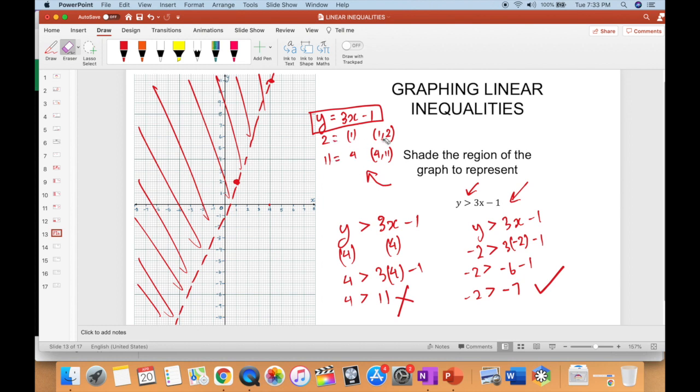But then we didn't know which side to shade, so I chose a random point in this region, and I saw that it did not satisfy the inequality. Then I chose a random point in the other region, and I saw that it did satisfy the inequality and was certainly true.